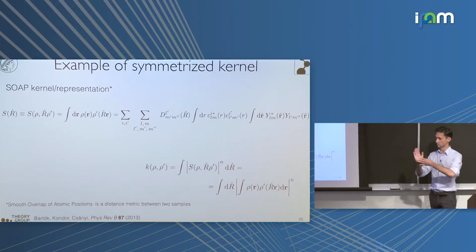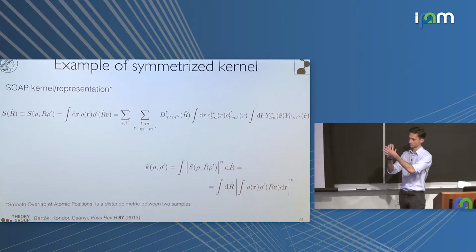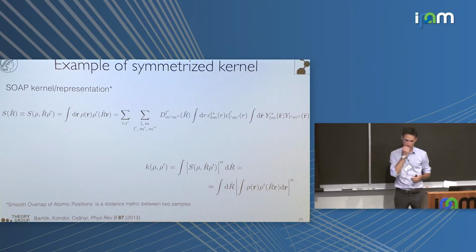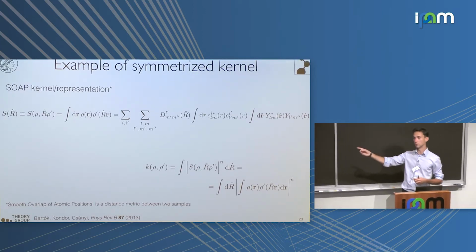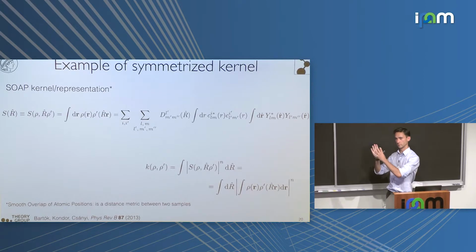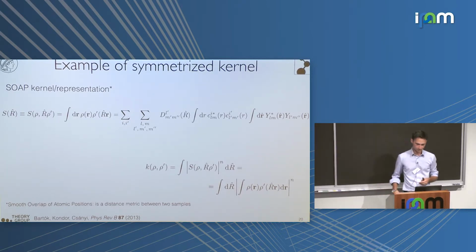Because you fix one sample and you rotate the other one around it. And what you typically would do indeed is that you first translate so that their center of mass overlaps. And that's a way to get rotational invariance into your kernel.